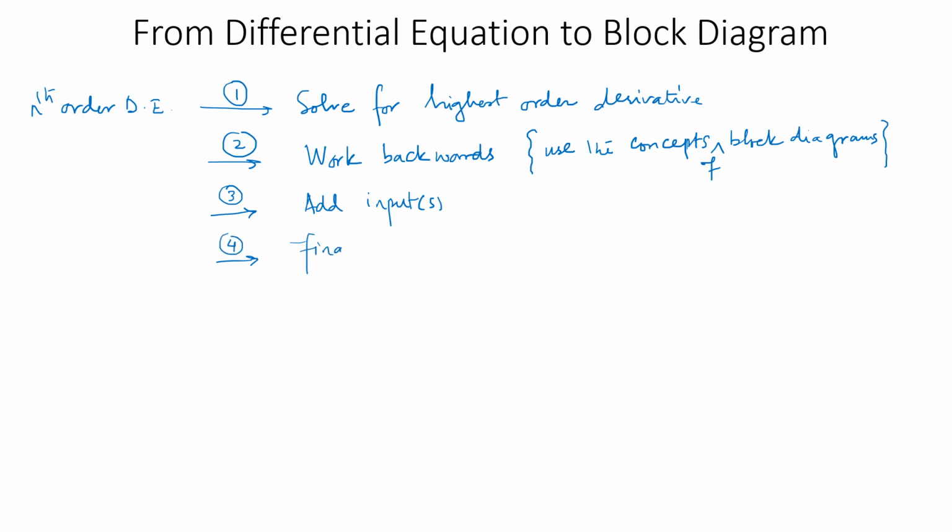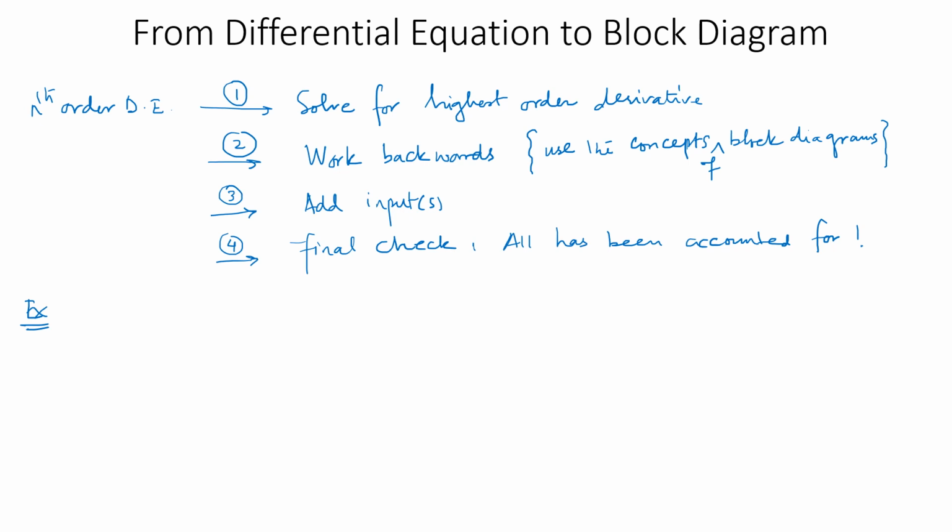So this is going to be the final check that all has been accounted for. So once done, this is going to give you the block diagram. So let's quickly do one example to go through that procedure. It is a very simple, straightforward procedure.